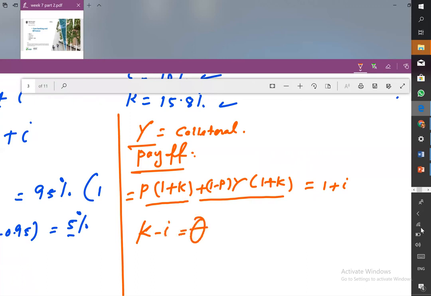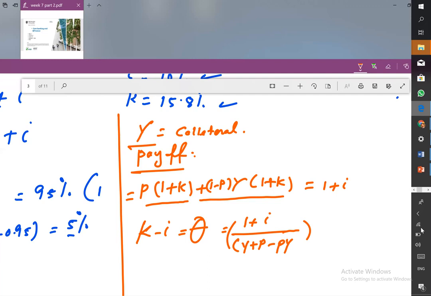And this premium equals the following: 1 plus I over B, minus, this is actually, if you look at it, the 1 plus K.